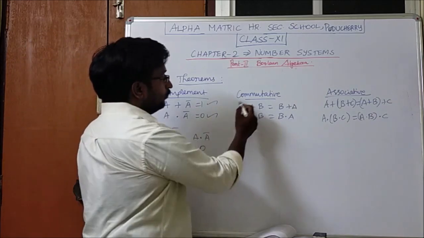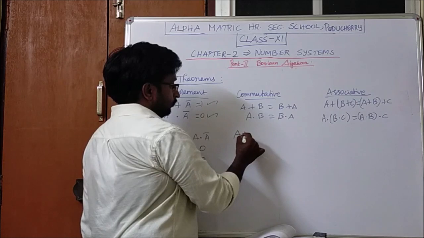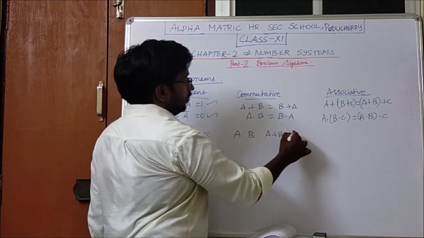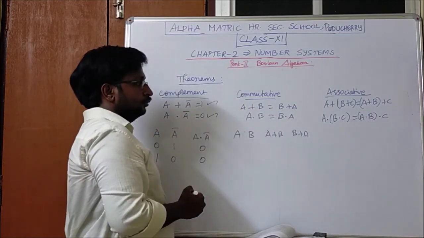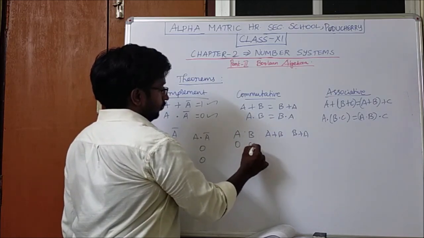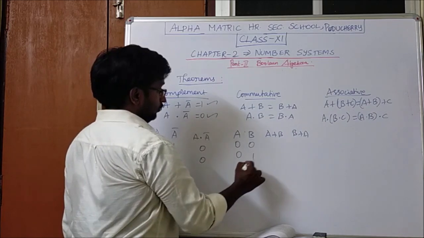The next one, we have to draw two truth tables for proving. This is A and B, A plus B and B plus A. By combining the two truth tables we can do it like this. Here we have two inputs, so the possibilities are 4.